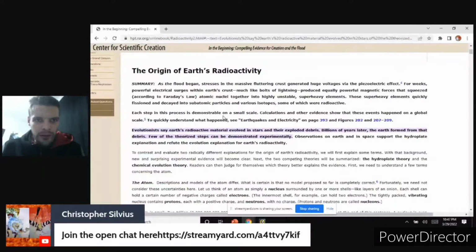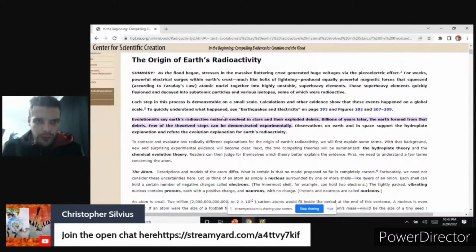Let's look at the hydroplate theory for the origin of Earth's radioactivity. This will help explain what is known as the heat problem. We measure the amount of a parent such as uranium, which decays into the daughter element lead, and based on the amount of lead and the amount of uranium, you can tell how long this radioactive decay has been occurring.